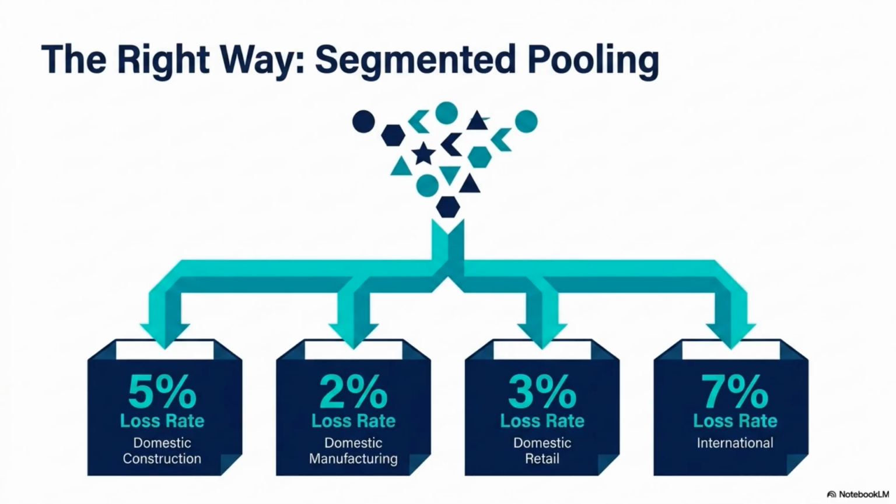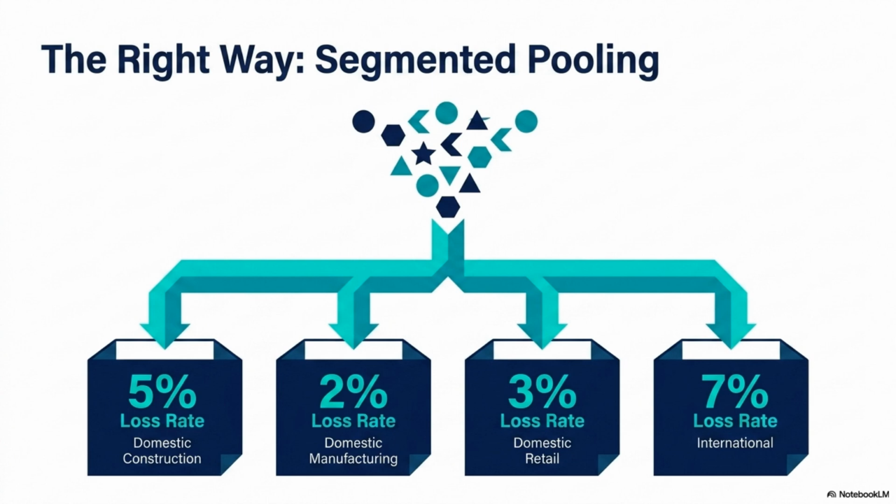Here is the right way: segmented pooling. Consider a company with customers across different industries and geographies. Instead of one flat rate, the company defines 4 pools. Pool 1 covers domestic construction customers with a historically observed 5% loss rate. Pool 2 covers domestic manufacturing customers at 2%.